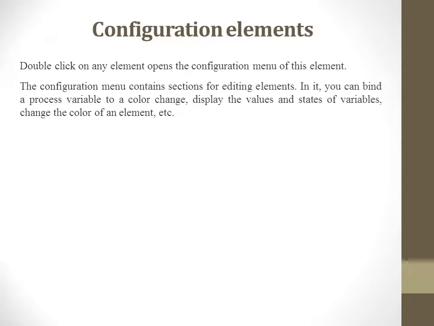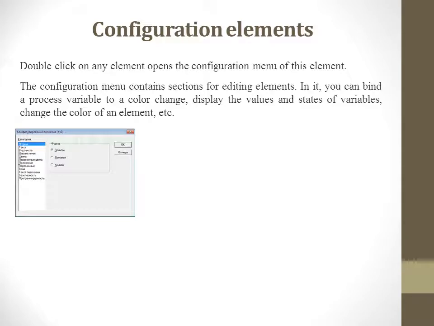The configuration menu contains sections for existing elements. In it, you can bind a process variable to a color change, display the values and states of variables, change the color of any element, and so on. So, this is the common view of the configuration menu.